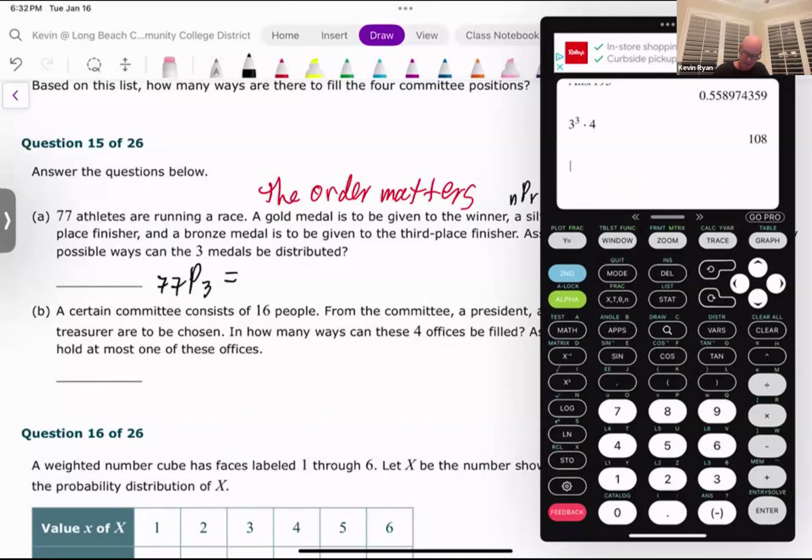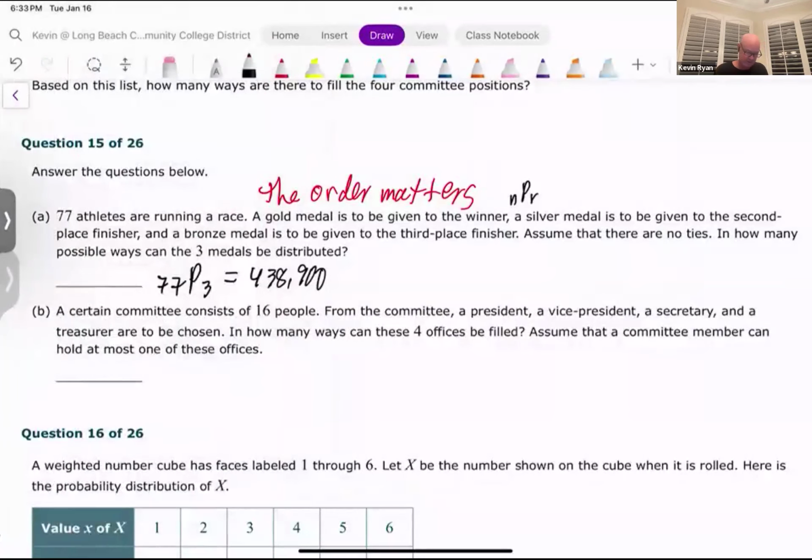So if you remember, you hit math, you go to PRB up top there, probability, and there's my nPr. Some of your calculators, you need to have already typed in the 77. My particular one does not. All right, this many ways.